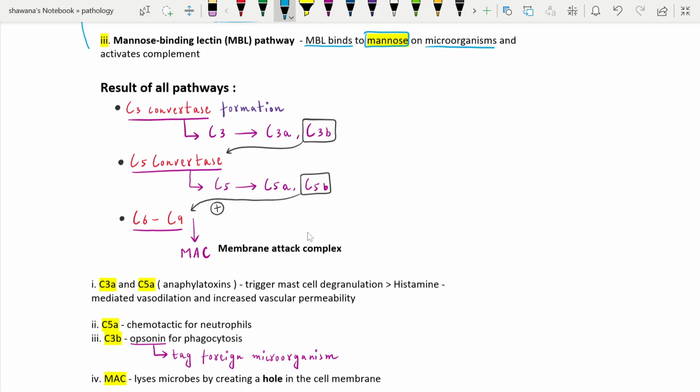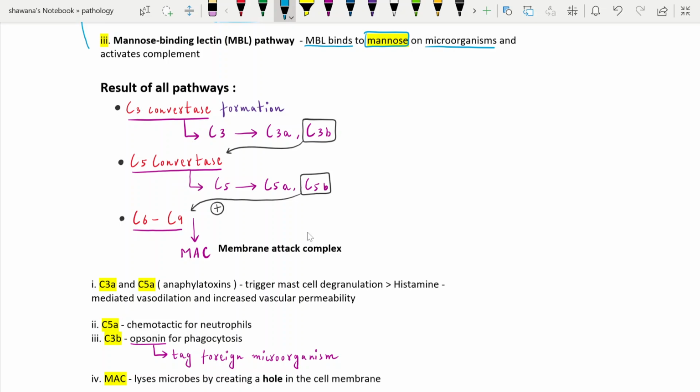These are all complement proteins. C3b is going to form C5 convertase. C5 convertase will convert C5 to C5a and C5b.